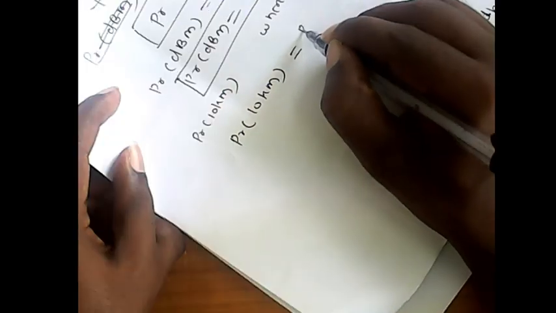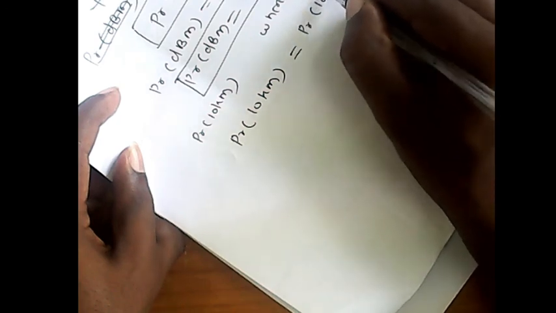So PR is equal to PR at 100 meter minus 20 log of D over D0, that is 10,000 divided by 100. 10 kilometers is nothing but 10,000 meters.